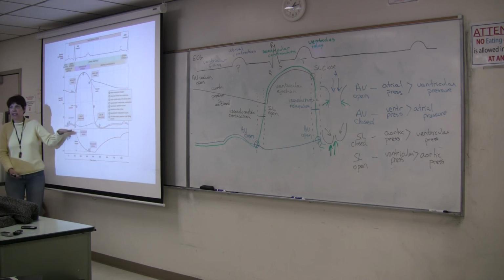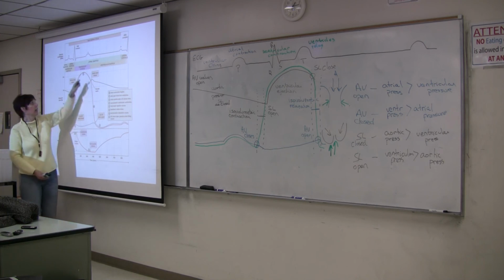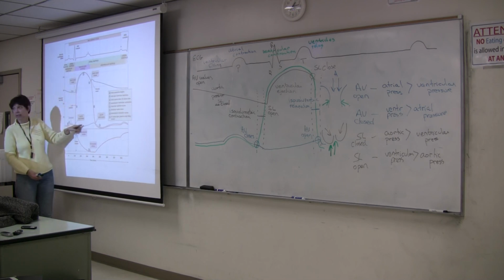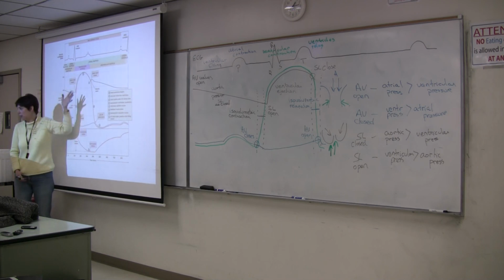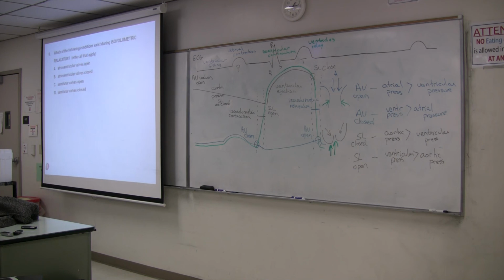During ventricular filling, aortic pressure is highest, then atrial pressure, then ventricular pressure. You can see that. This is highest, this is next, ventricular pressure is the lowest. During ventricular ejection, ventricular pressure is the highest, then aortic pressure, then atrial pressure. You can see that relationship on the diagram, but I want you to understand it, and you're going to be able to figure it out because you understand it.